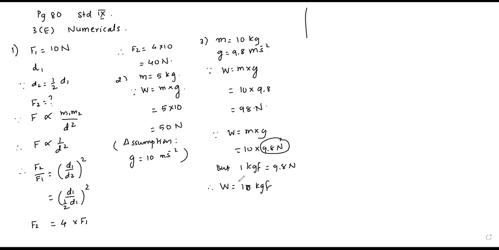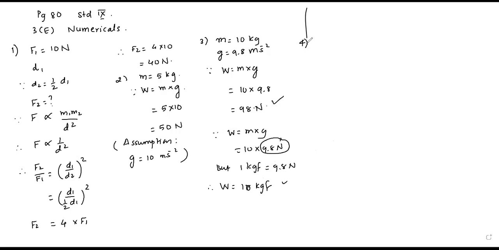The numeric values are same, but this is in SI unit, this is in gravitational unit of force. In MKS system, gravitational unit of force is expressed as 1 kgf. So 1 kgf is equal to g Newton, g over here is 9.8 Newton. Okay, this is the third one.